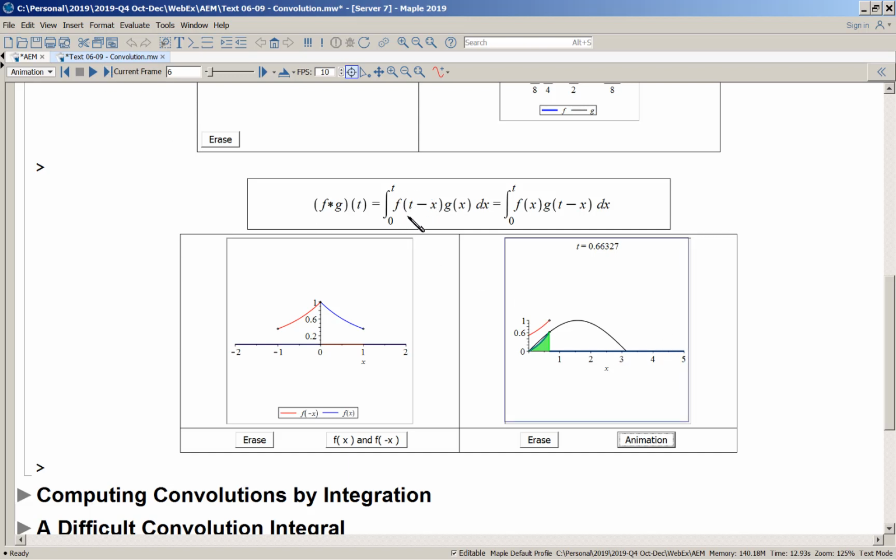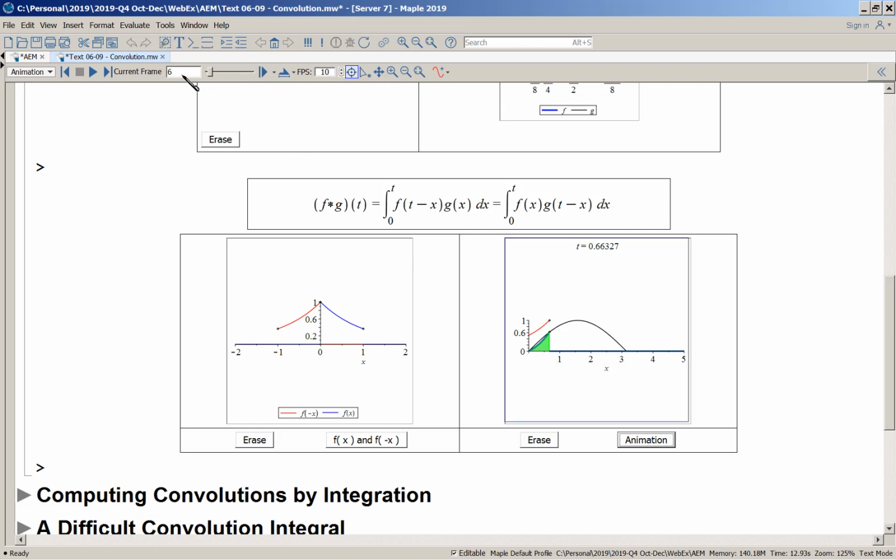This function, which is this red curve, multiplies g, but g is this arch of the sine curve. The product is that dark green function. The integral computes the area under that function. So this green blob represents the value of the convolution.